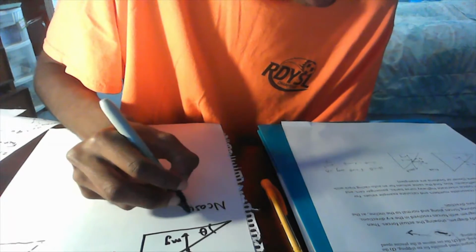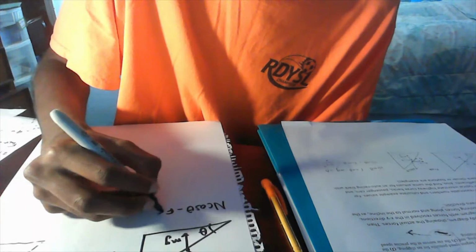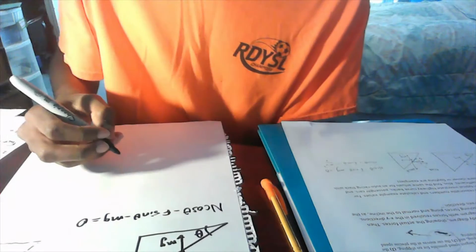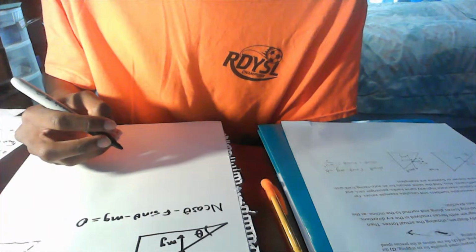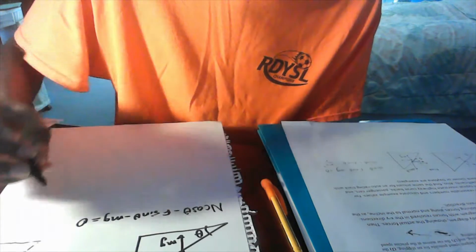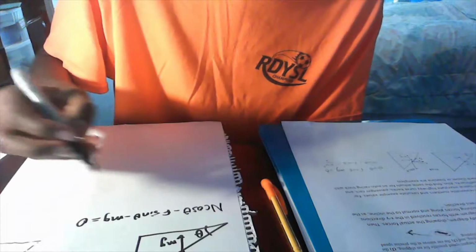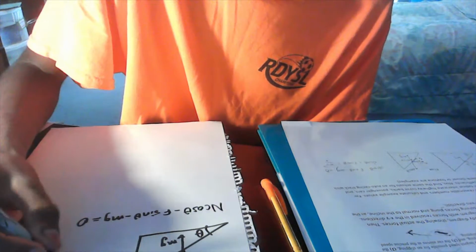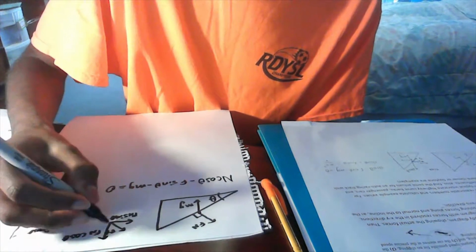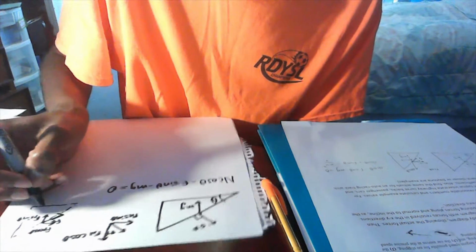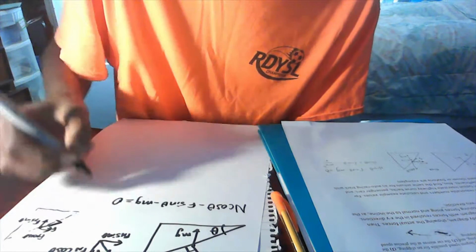N cosine theta minus F_f sine theta minus mg equals 0. That is saying that N cosine theta is the normal force acting vertically, and F_f sine theta is the frictional force acting downwards, and then mg is just gravity.